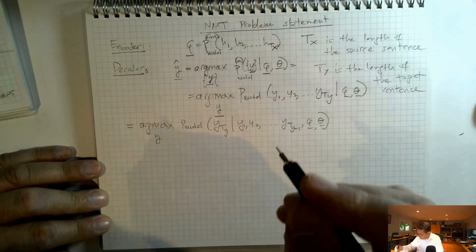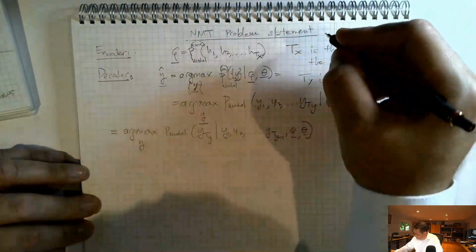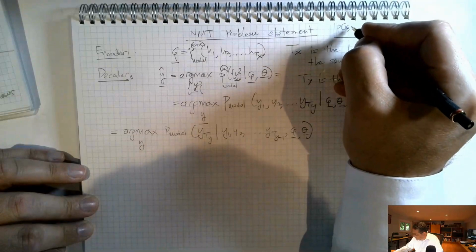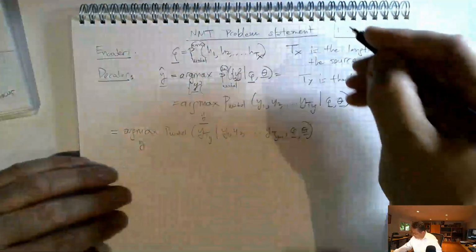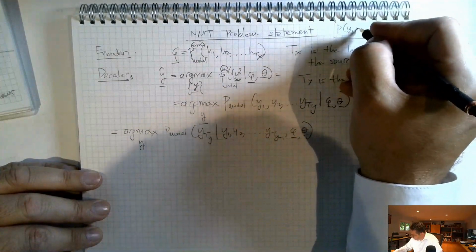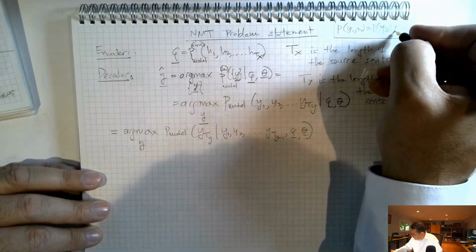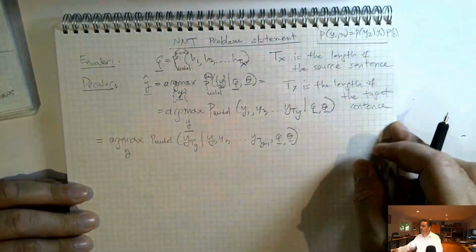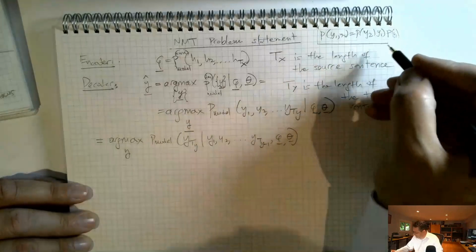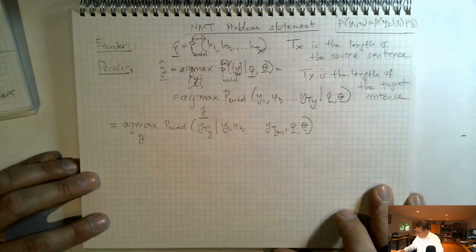For example, you can factorize P of y1 comma y2 as P of y2 given y1 times P of y1. This was met in another video as the product rule, so we're not really breaking any new ground here.